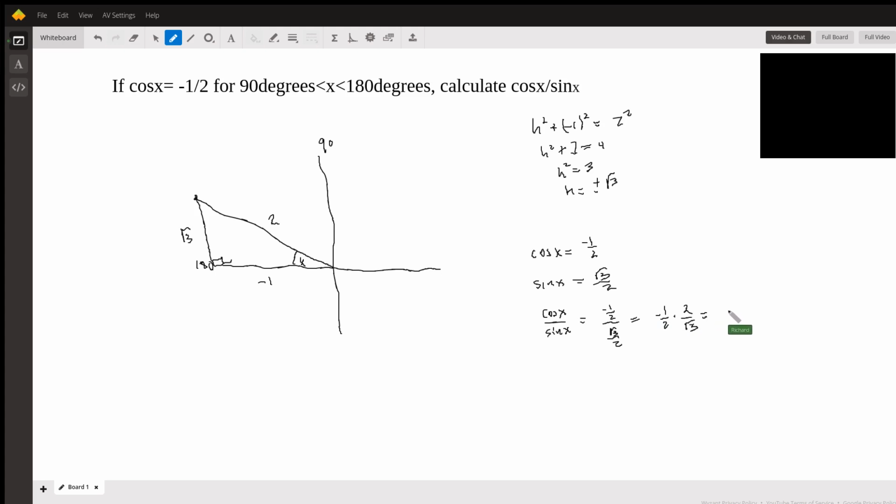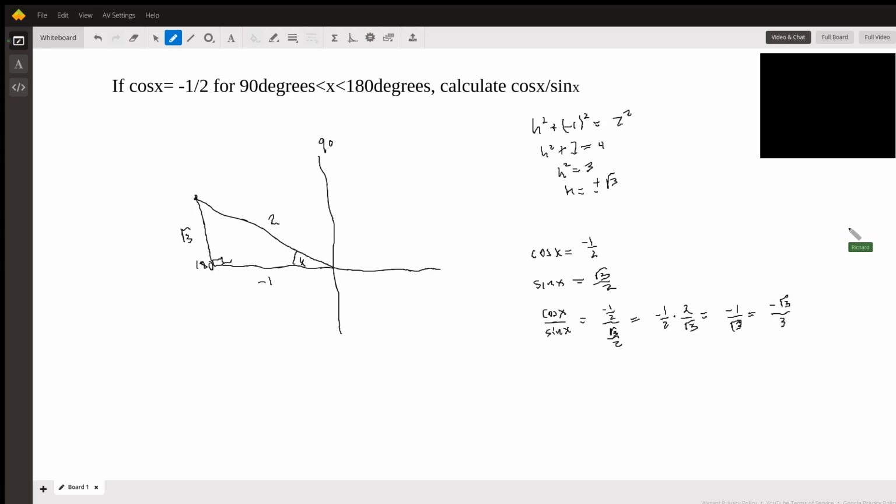And our answer is -1 over the square root of 3. And teachers often don't like to see you leave it that way with a radical in the denominator. So you multiply that fraction by the square root of 3 over the square root of 3, and you'll get -√3/3. And that's all there is to it.